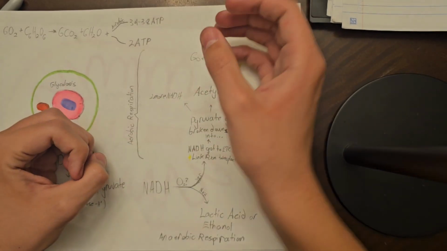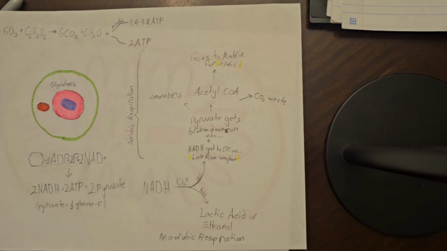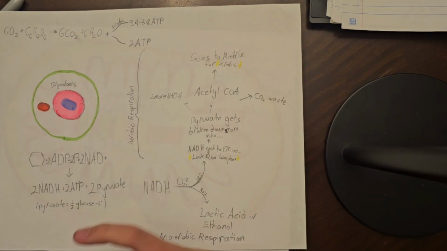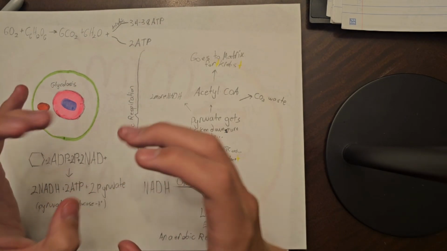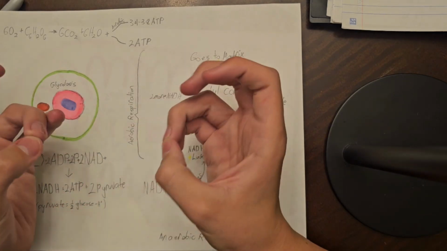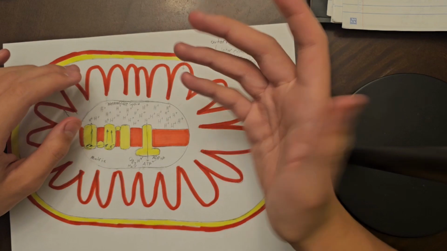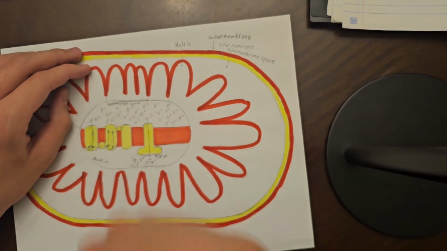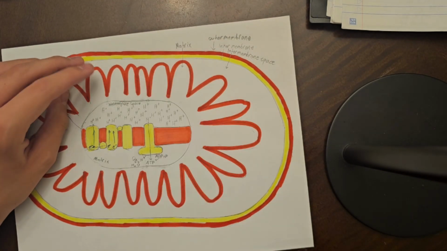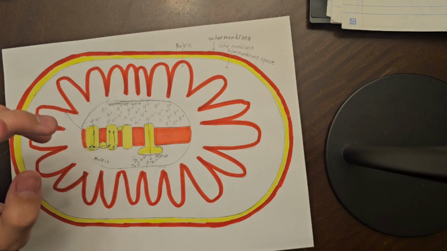Phosphorylation is basically adding a phosphate to something, right? That's where the phos part of phosphorylation comes from. So the idea is that substrate phosphorylation is that the energy comes from the substrate, while oxidative phosphorylation is from something else, like this pushing of hydrogens through the ATP synthase over here.